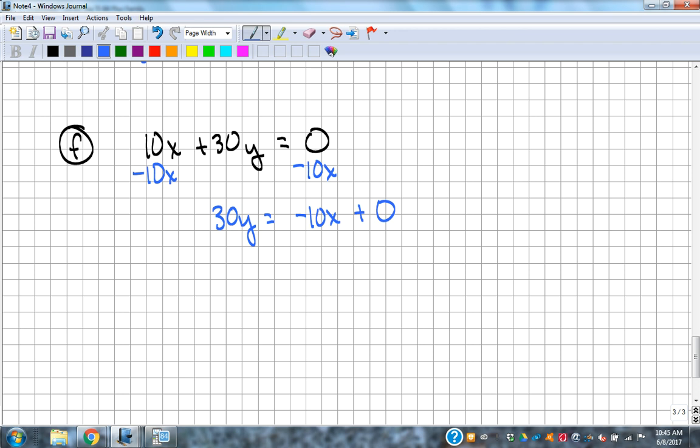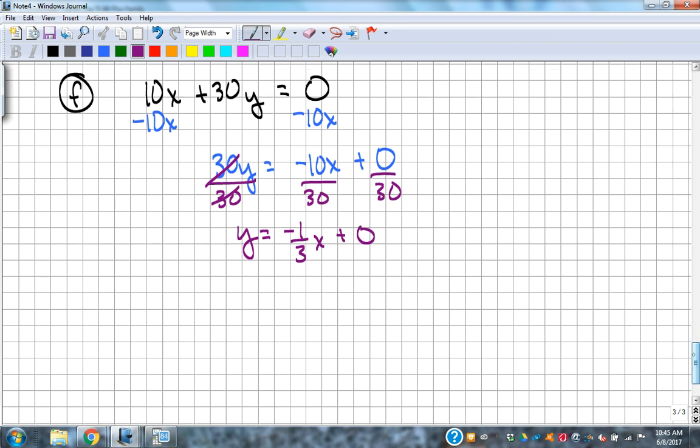What's the next step? Divide by 30. And then reduce. That's negative 1/3. And then 0 divided by anything is still 0. So that helps us a little bit in the fact that we still have to tell what the slope is, the y-intercept, and then domain and range.